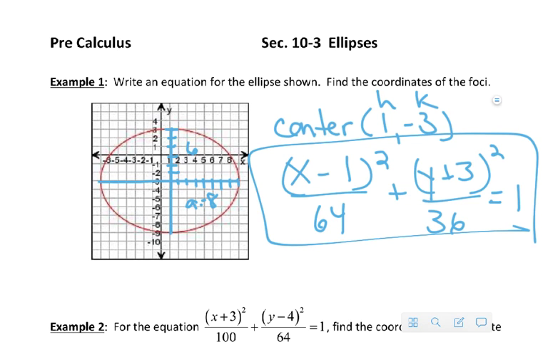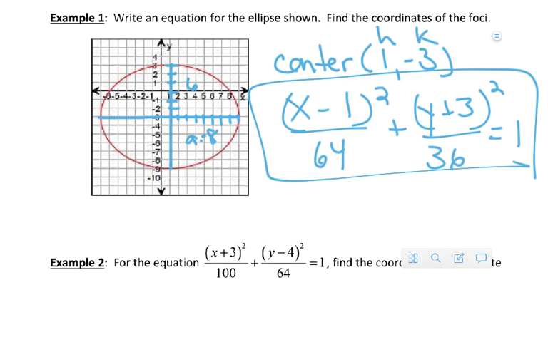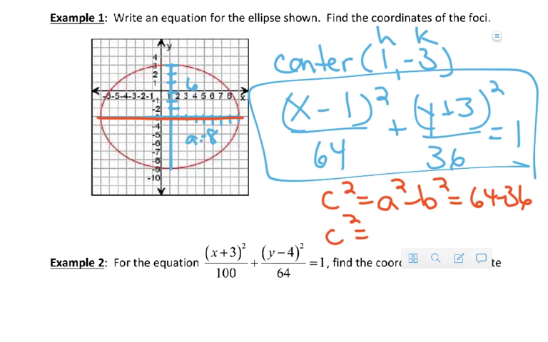We also want to find the foci. The foci always lie on the major axis. And this is the major axis. So in order to determine their location, we're going to use that c squared is equal to a squared minus b squared to find c. So c squared is going to be 64 minus 36, which is 28, so c is the square root of 28.